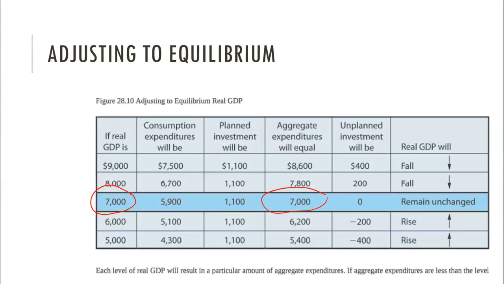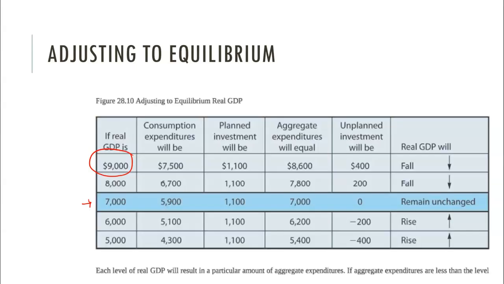If for some reason we have a value of real GDP or aggregate expenditures that's different than 7,000, we would say the economy is in disequilibrium, and we're going to have some change to unplanned inventory that's then going to signal businesses to adjust. So let's say real GDP is $9,000. So that means our businesses have produced $9,000 worth of stuff.